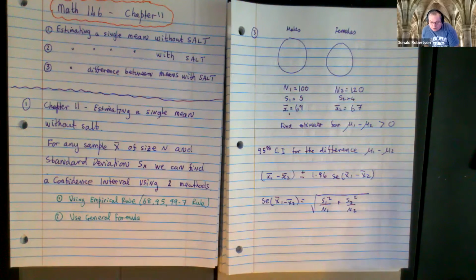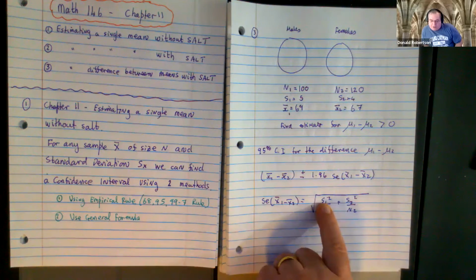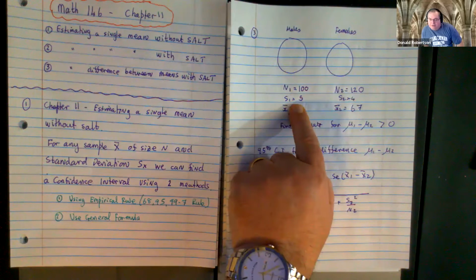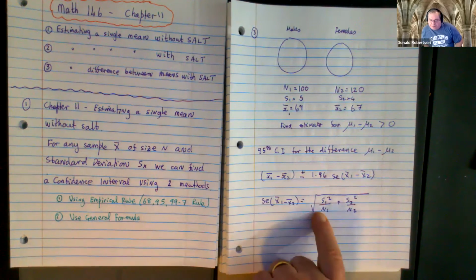I think after we've done one of these by hand, you'll be glad why we use software. Now, S1 is the standard deviation of the males, squared, divided by the sample size of the males, plus S2 squared over N2.